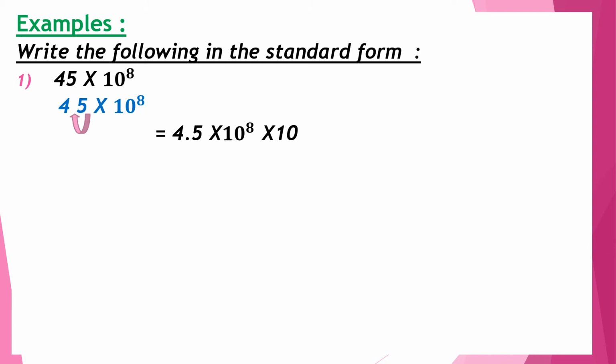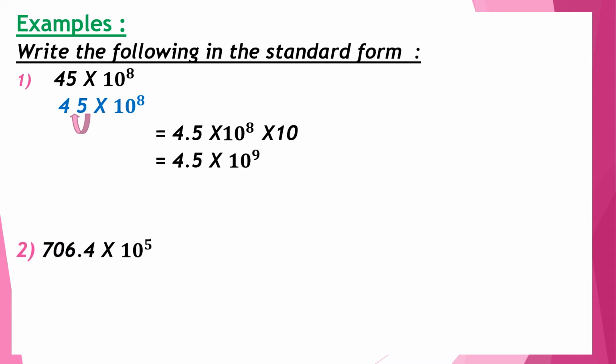We multiply only by 1/10, so to add 1 to the power. So it will be 8 plus 1. So the last form of this number 45 times 10 power 8 will be 4.5 times 10 power 9. And this is the standard form of this number.